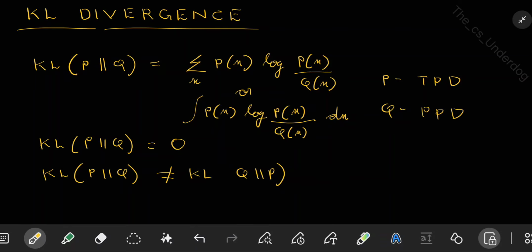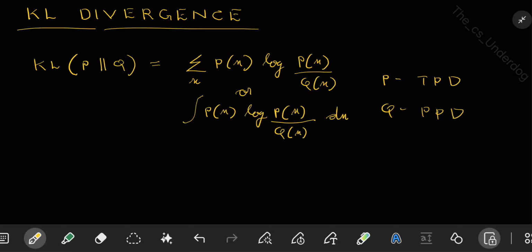Next thing you have to understand is, how are we using this as a loss function in classification? Let us say you have some classification task. In that case, we'll say it is multi-class classification. There are k different classes. Each input x can belong to any of these k classes. In this case, you will have true distribution P. This is the distribution of the true label.